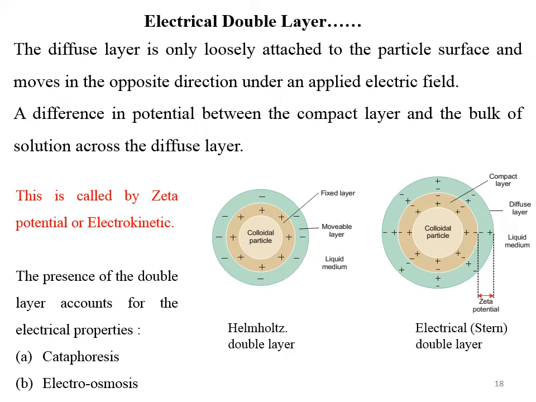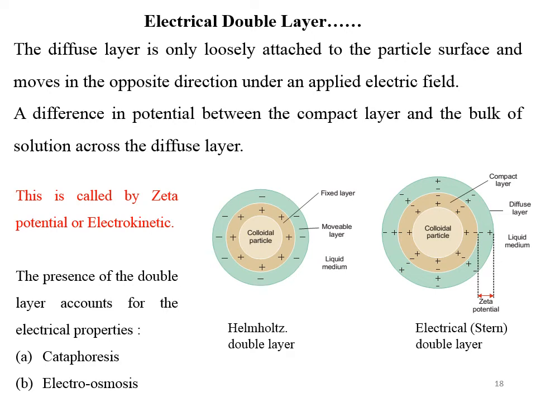The presence of double layer accounts for the electrical properties, which are cataphoresis and electro-osmosis of colloids. It means due to the formation of this electrical double layer, the colloidal particles further show two more characteristics. One of them is named as cataphoresis and the second one is named as electro-osmosis.